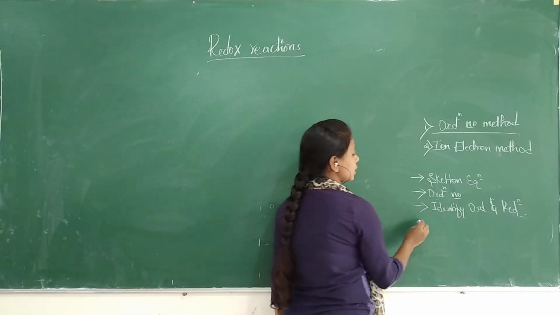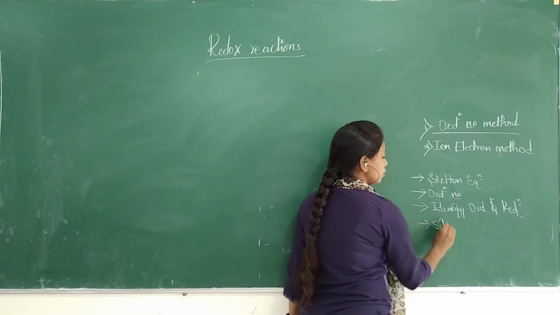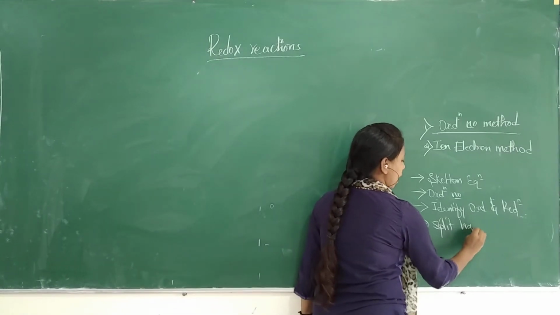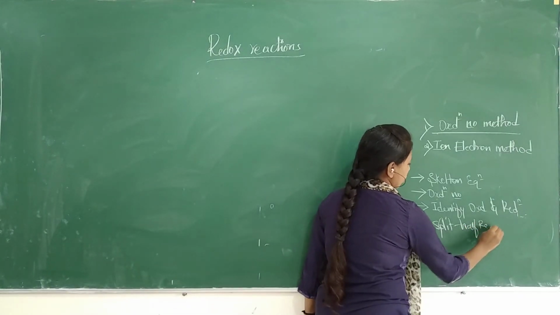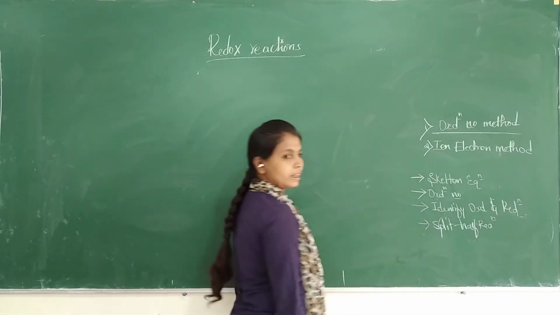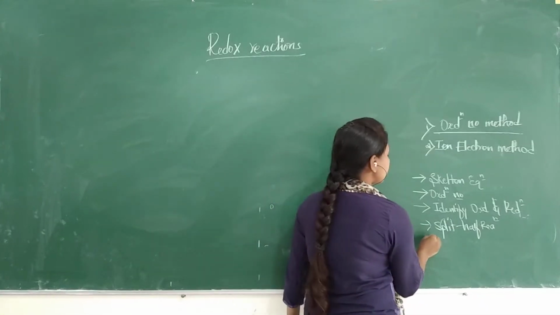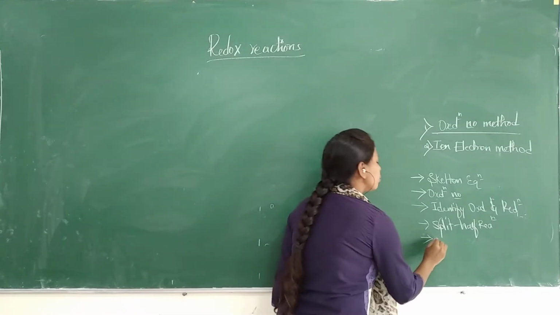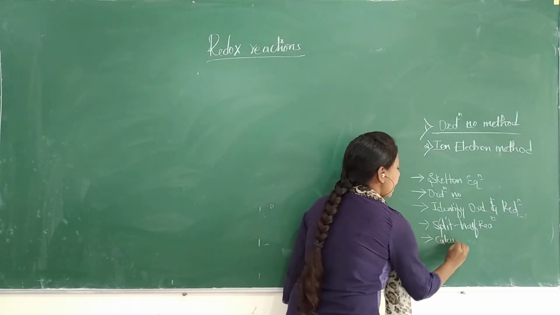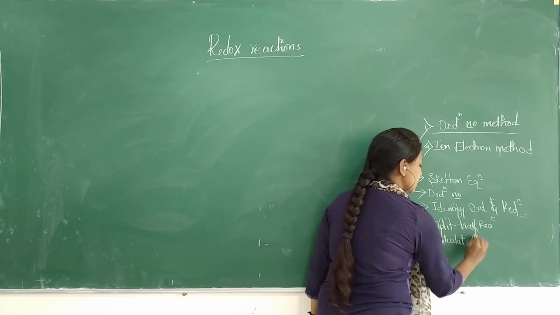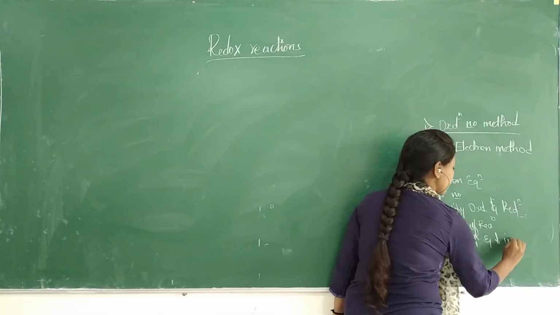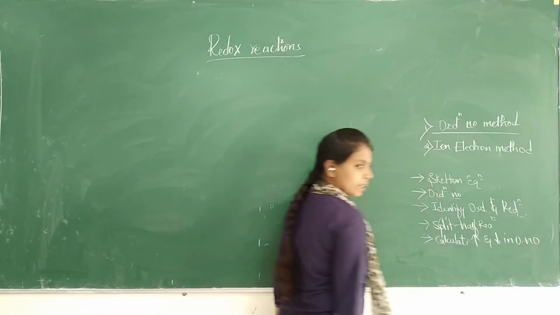Once you get the oxidation and reduction, you are going to split the equation into half reactions. Clear? Oxidation half reaction and reduction half reaction. After splitting the equation, you calculate by how many units there is an increase and decrease in the oxidation number.